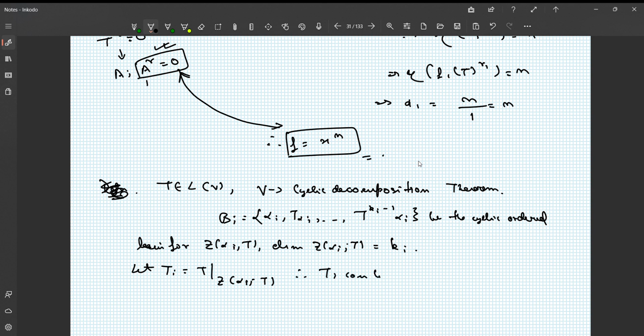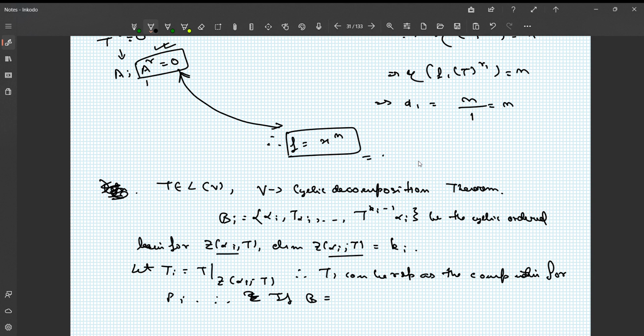Therefore Ti can be represented as the companion matrix for pi, right?